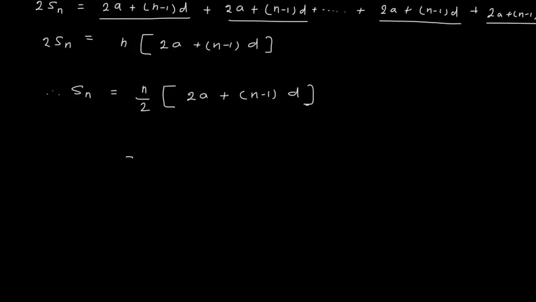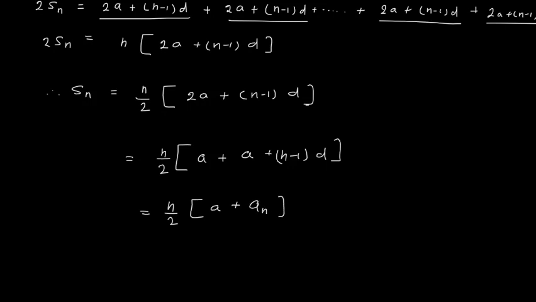Now this can also be written as n divided by 2, where I write 2a as a plus a, and then (n minus 1)d. Here a plus (n minus 1)d is what? It is an, the nth term.